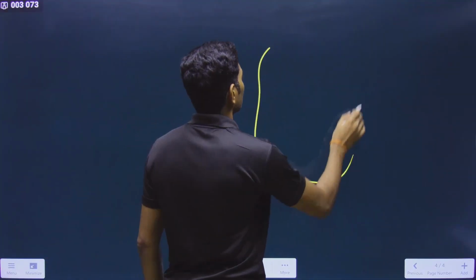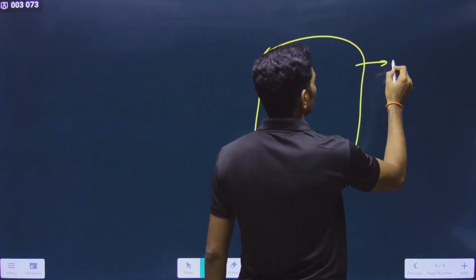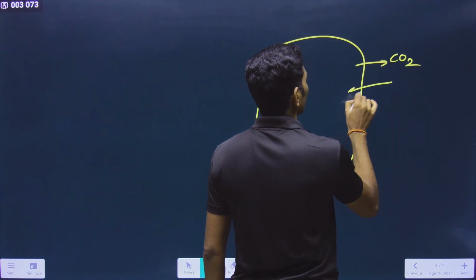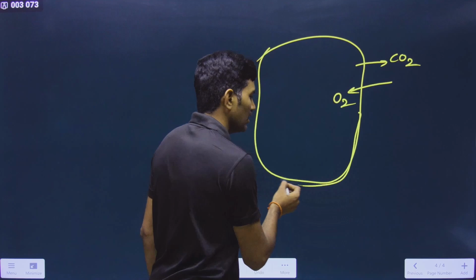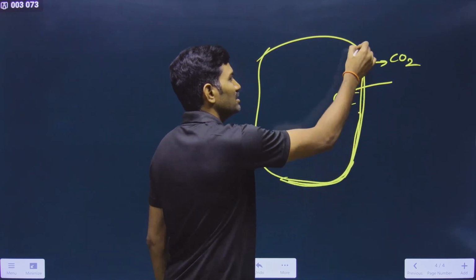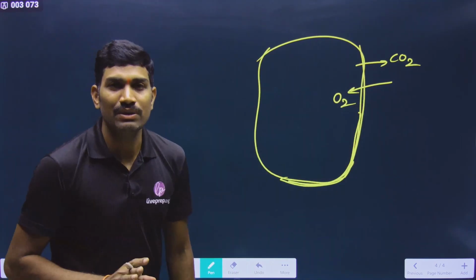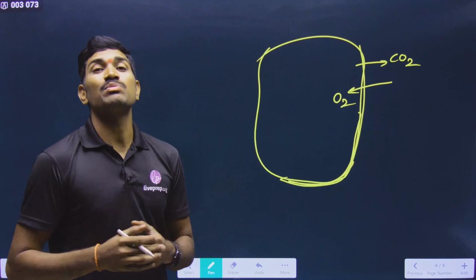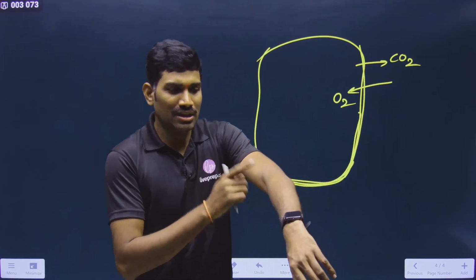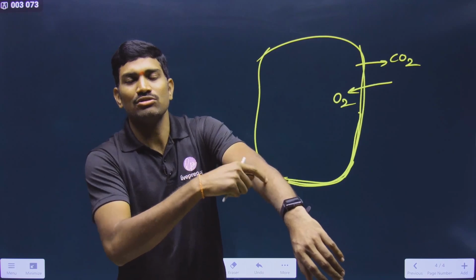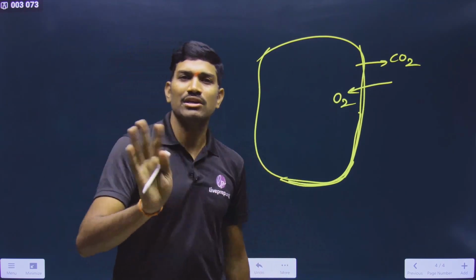Suppose this is the organism. Directly exchange of gases: CO2 is released and from the atmosphere oxygen is taken inside. So directly at the surface of the body itself, exchange of gases is taking place. That means there are no separate respiratory organs. Now just think about the human. For the human, can the exchange of gases occur directly on the skin? It will not occur.